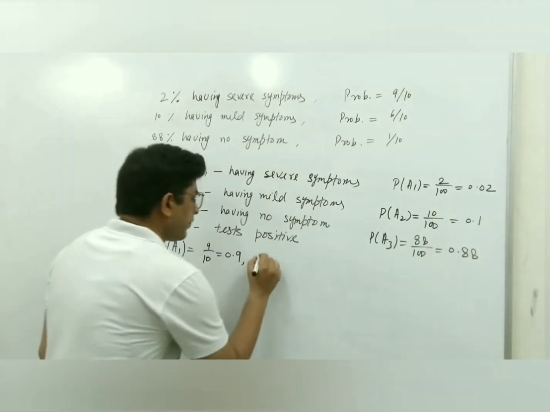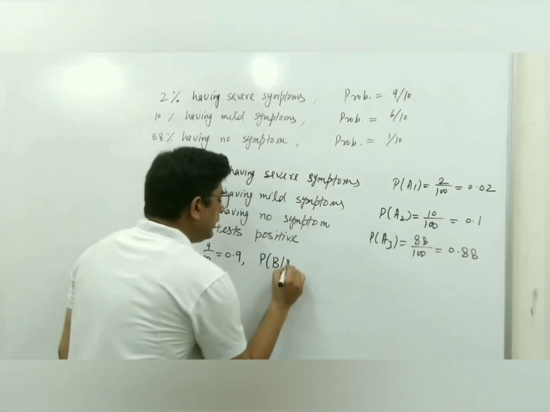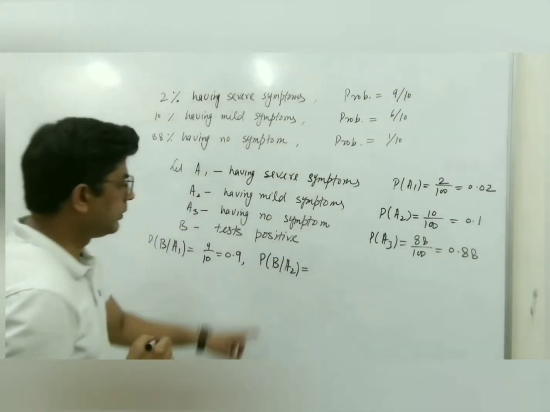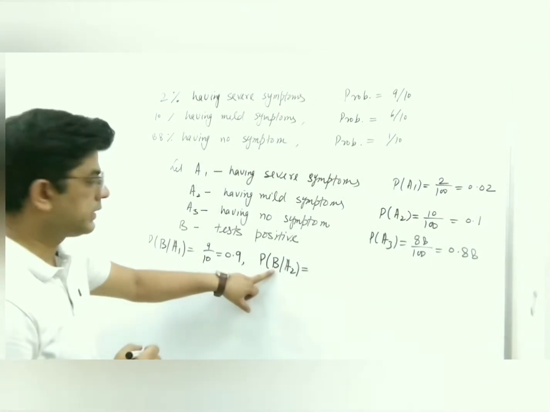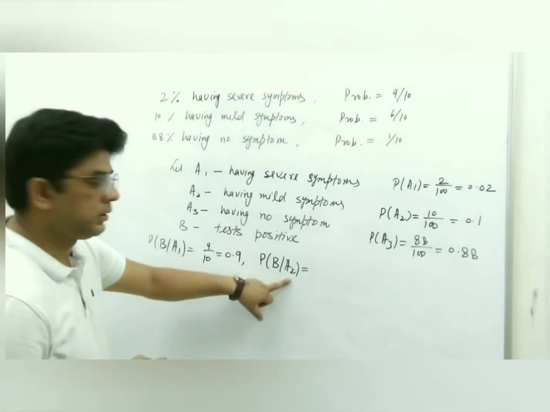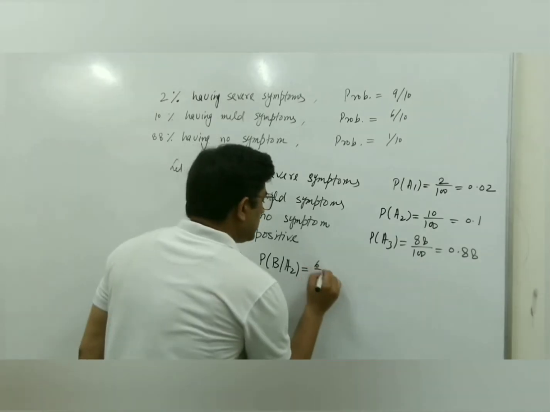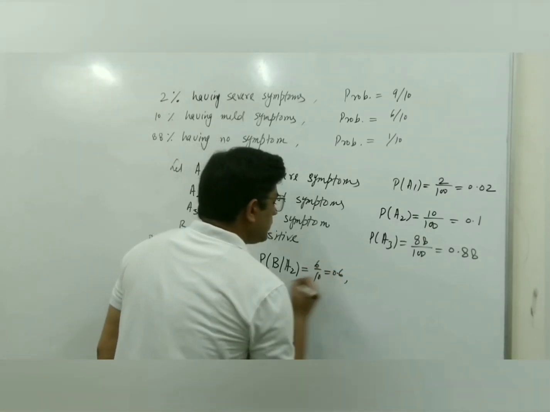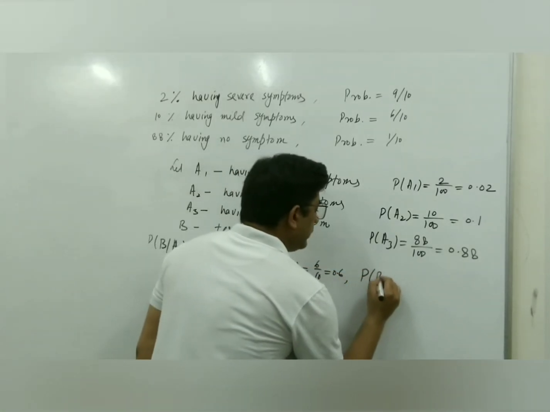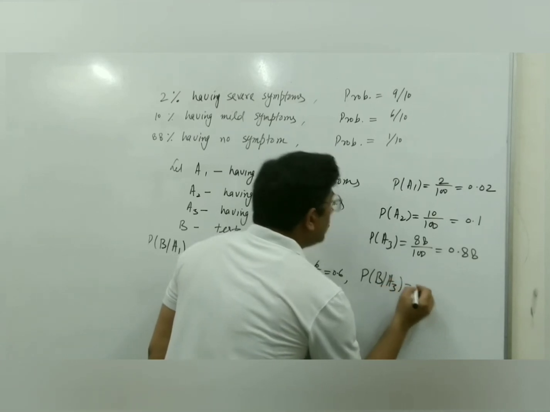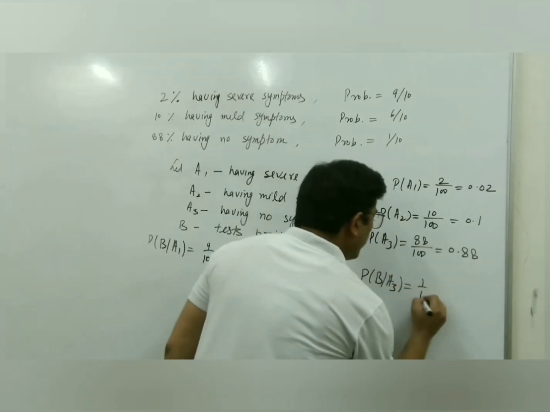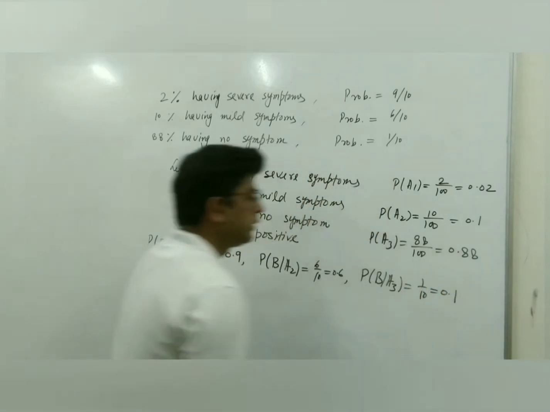Similarly, the probability of B/A2, that is the person X tests positive when he has mild symptoms, is 6/10, that is 0.6. And similarly, B/A3 is given as 1/10, that is 0.1.